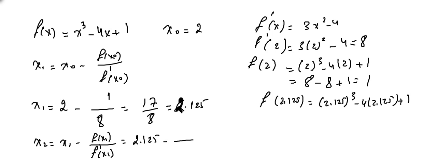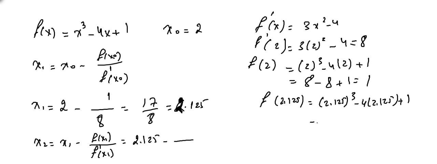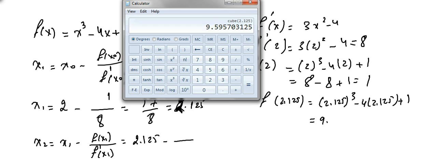So I have to multiply 2.125 three times, or raise it directly to the power 3. The cube of 2.125 is equal to 9.596.